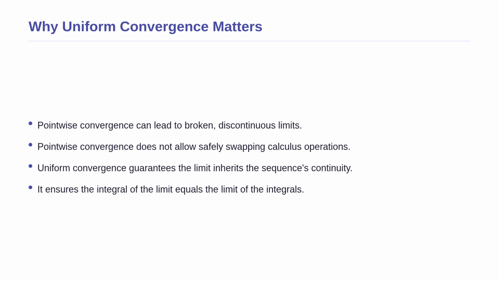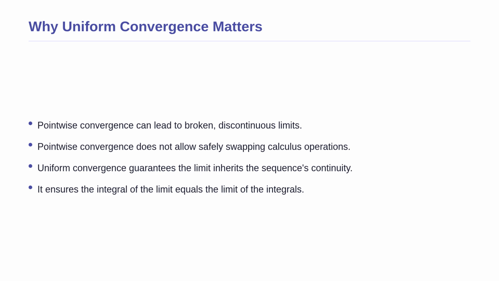This brings us to an important question. Why do we care so much about this distinction? In the real world of engineering and physics, we constantly use sequences of simple functions to approximate incredibly complex signals. If our approximation only converges pointwise, terrible things can happen.